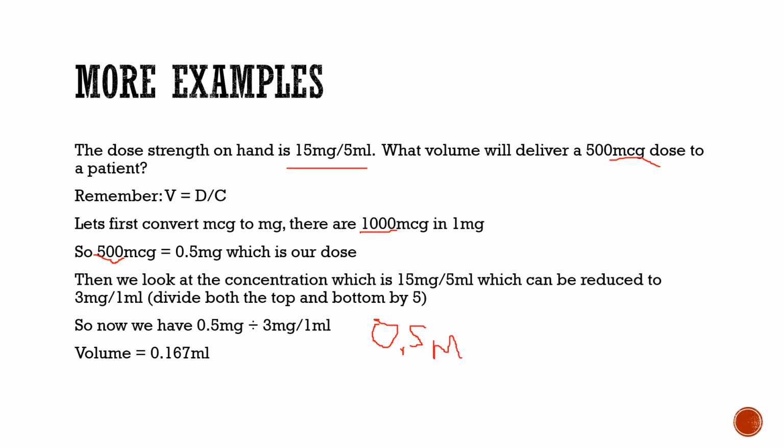These guys are a pain. And this is divided by, but we know what we need to do. When we divide a fraction, we have to flip it. So this is going to turn into 1 mil, and the milligrams are going to go underneath.